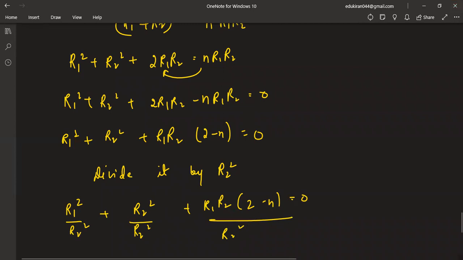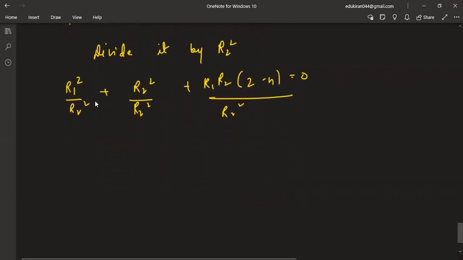This R1 by R2 is becoming very common everywhere. So wherever we get R1 by R2, we'll put it as K. At least this will get simplified. Because if I split the middle term here, you will not be able to understand this. So let me write it as K. Now you can easily understand.